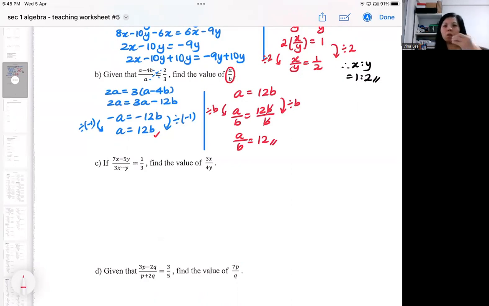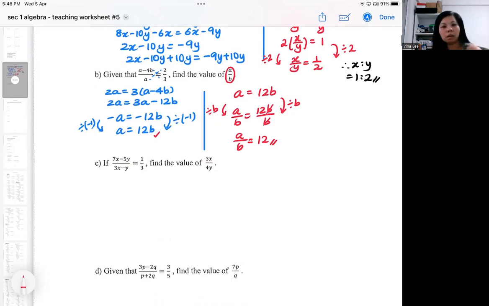Based on what the question wants, you got to do accordingly. The method is somehow fixed, or not fixed, because you got to look at what the question is asking for. If B is in the denominator, you divide B on both sides. If it's A in the denominator, you divide A on both sides. It varies according to the question.